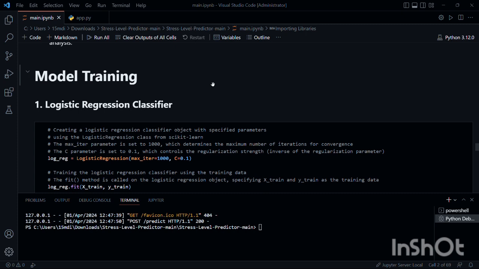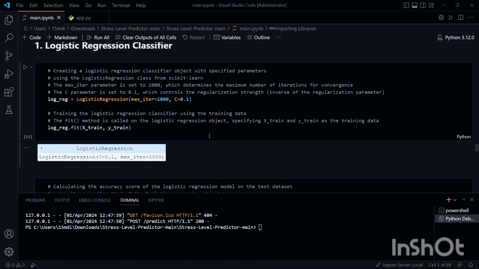Now we get into the model training. First of all, we are using a lot of classifiers. The first classifier is the logistic regression classifier. We are creating a logistic regression classifier object with the specified parameters, using the logistic regression class from scikit-learn.